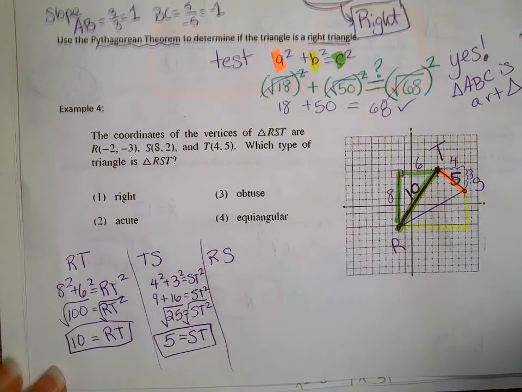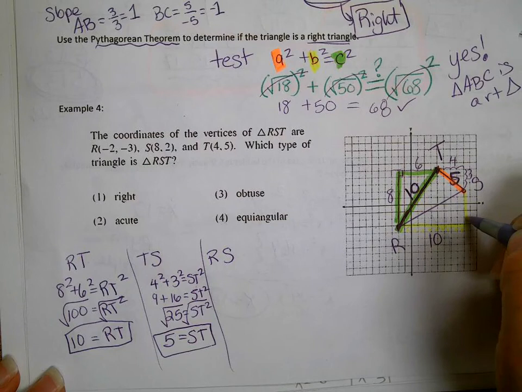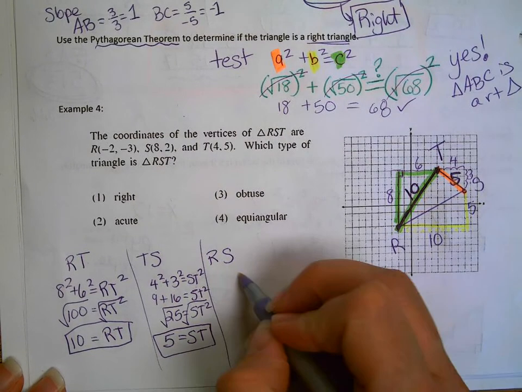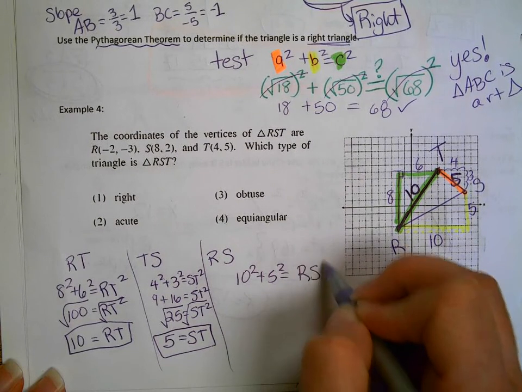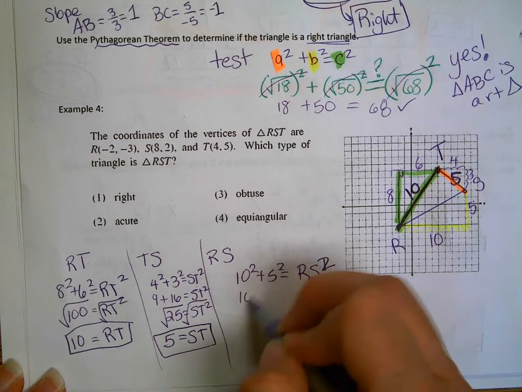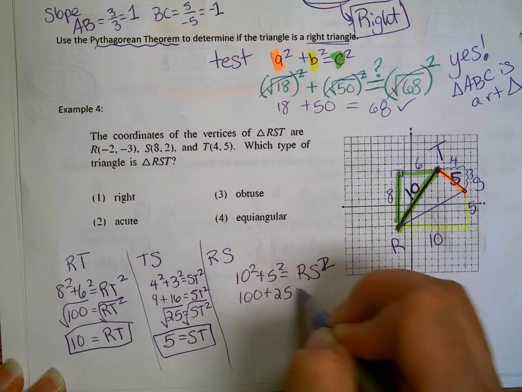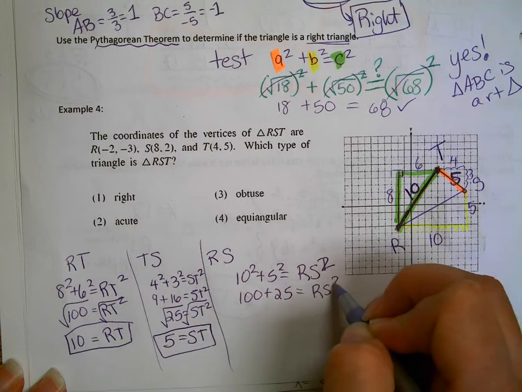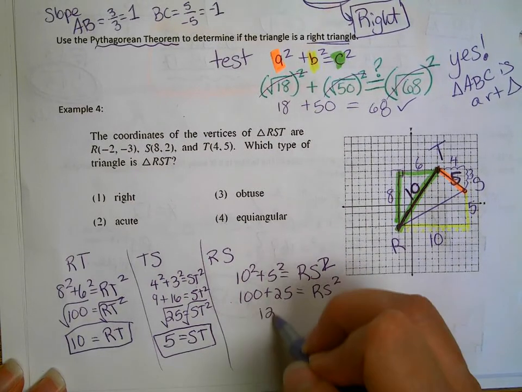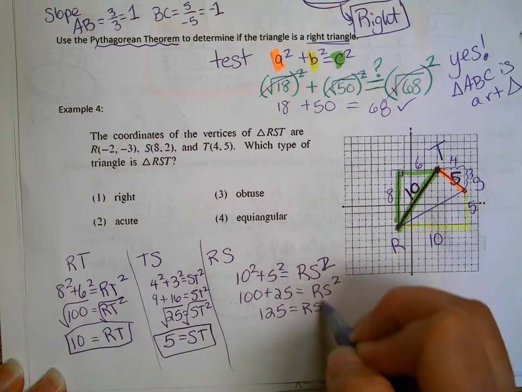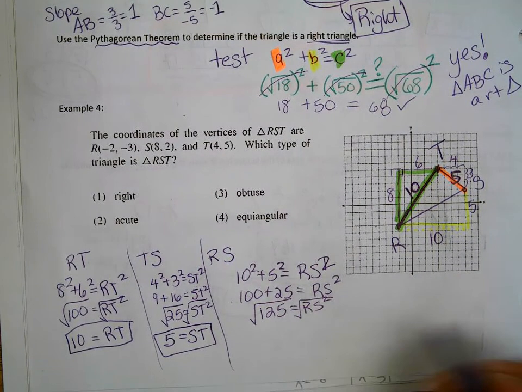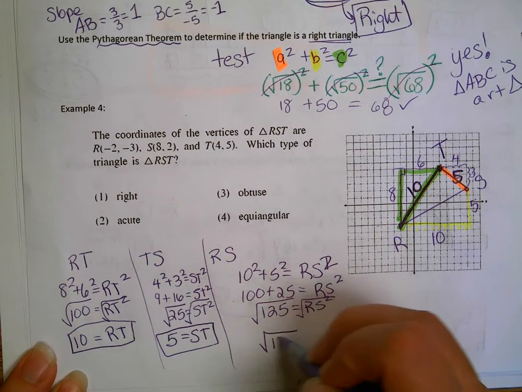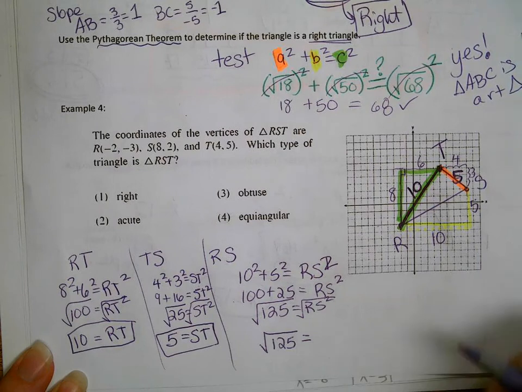So we have 10 boxes over and 5 boxes up. So RS is 10 squared plus 5 squared equals RS squared. So 100 plus 25 equals RS squared, 125. And we take the square root of each side. I'm going to leave that as a radical because that does not come out nicely. It's not a perfect square.